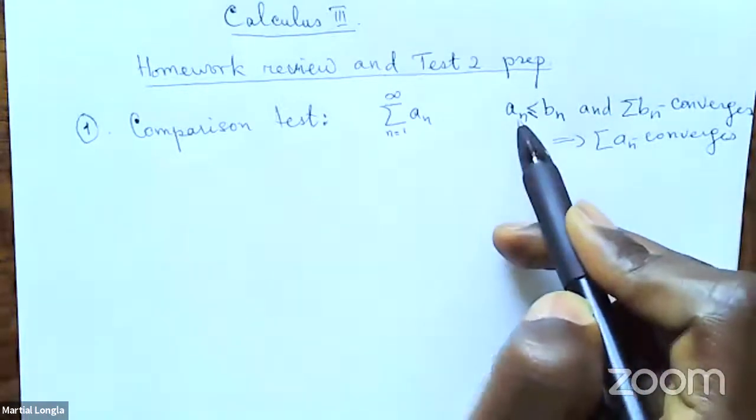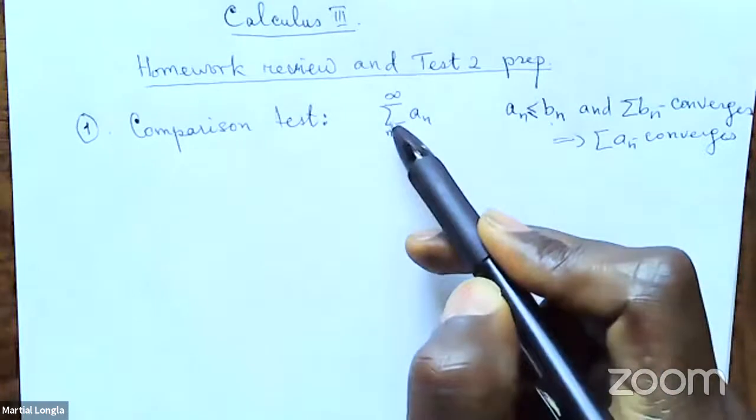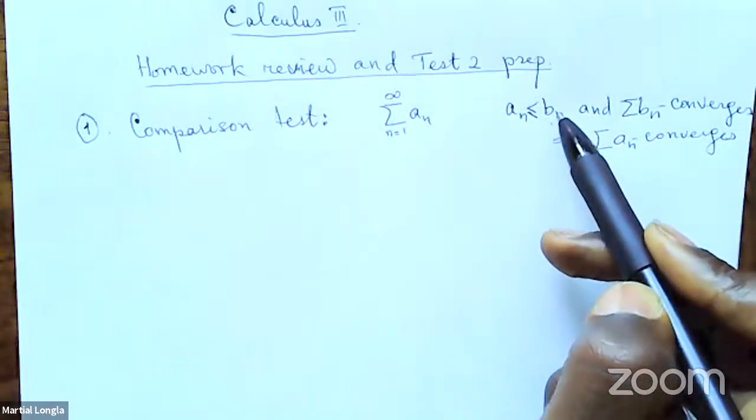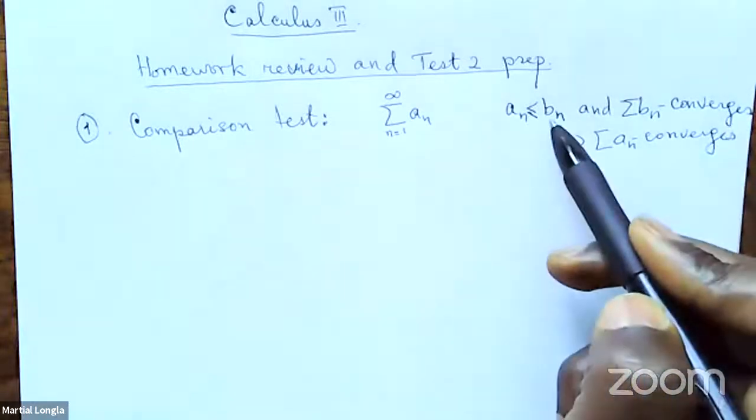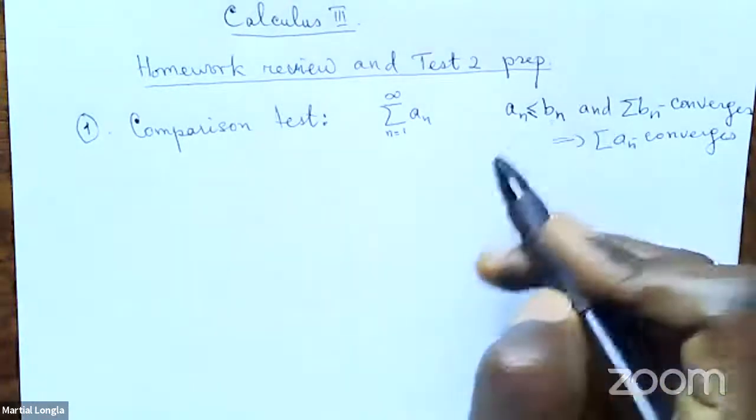It is a_n that is less than b_n, not the series that is less than b_n. And it's the sum of b_n's that converges, not b_n that converges.